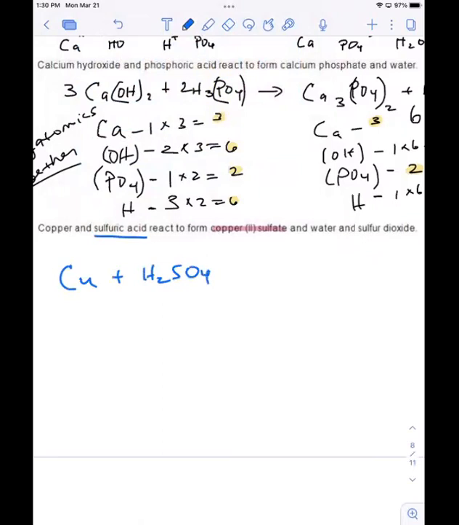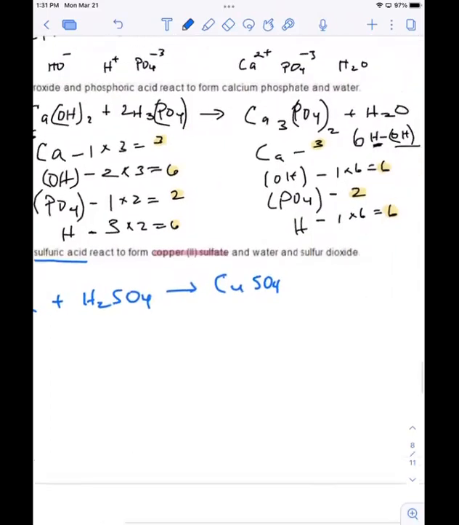You need to commit that one to memory. You're going to see that a lot. Sulfuric acid, those two come together to form copper(II) sulfate, and then water.